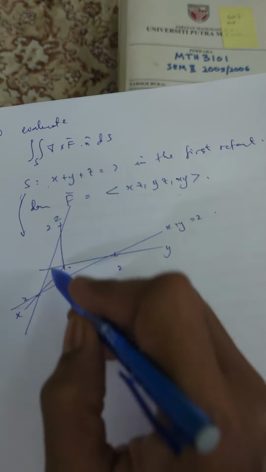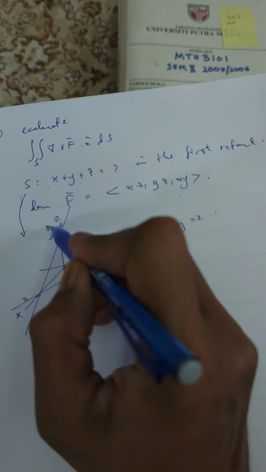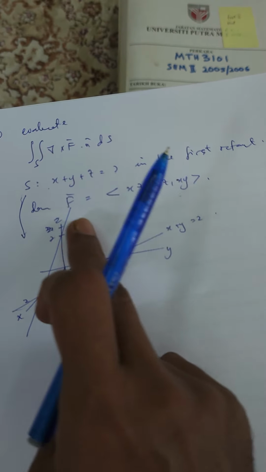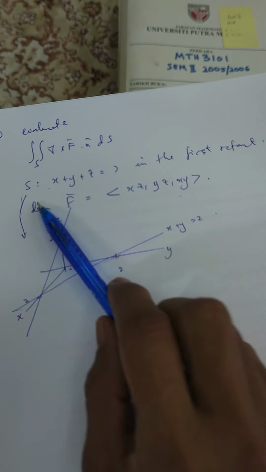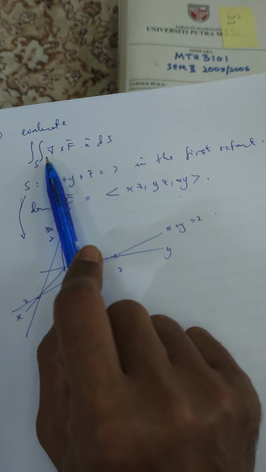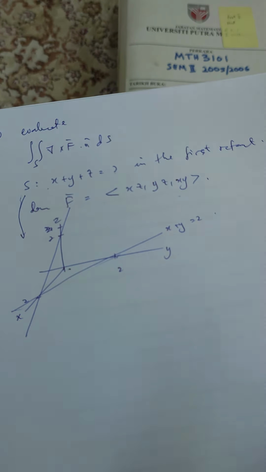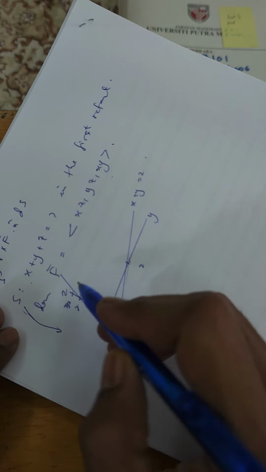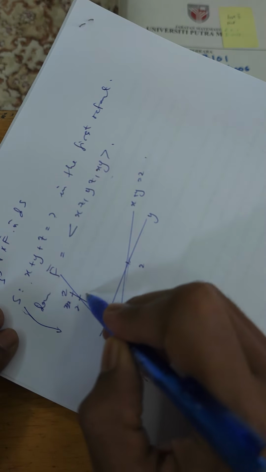The same thing on the yz plane, x is 0, so we have y plus z equal to 2, a straight line intersecting the axes at y equal to 2 and z equal to 2. So you can plot this, just continue that line.